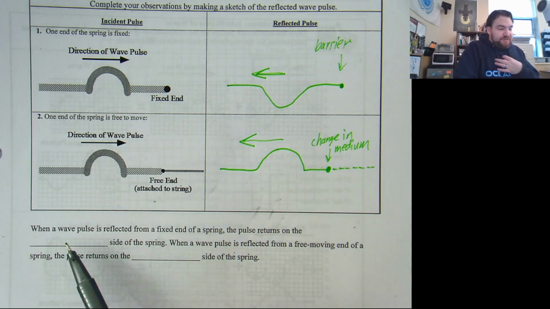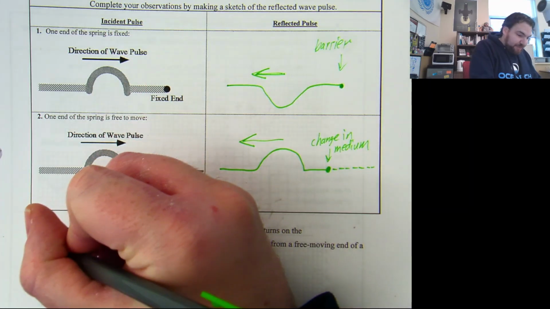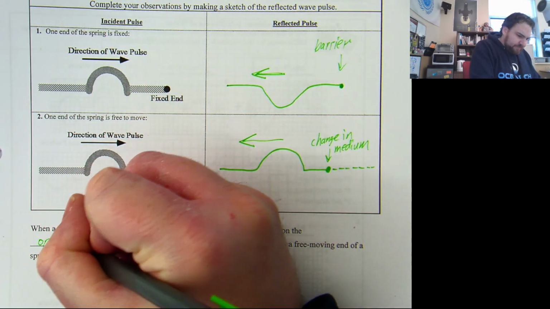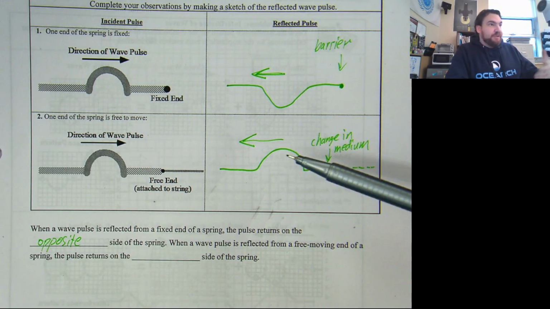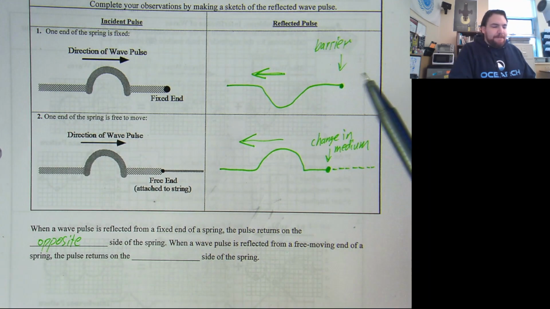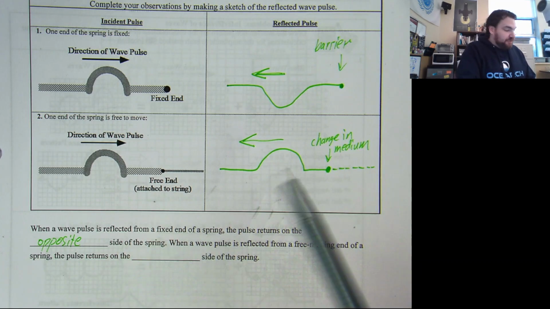So when a wave pulse is reflected from a fixed end of a spring, the pulse returns on the opposite side of the spring. This would be true too for any sort of transverse wave. So light would be an example of this. But when a wave pulse is reflected from a free moving end of a spring, the pulse returns on the same side.